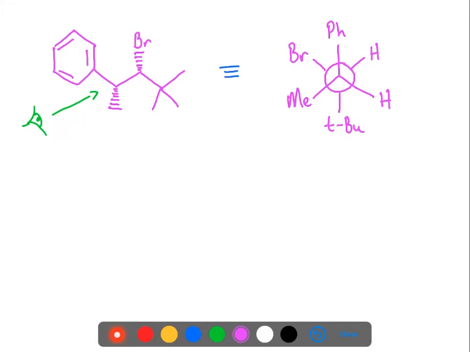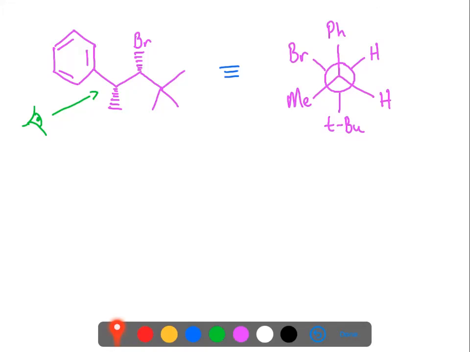So the next thing to do is to identify the proton and leaving group that will be removed during this elimination reaction. And as you can see in this particular conformation, the leaving group is antiperiplanar to a hydrogen atom. And so this will be the hydrogen atom in this conformation that will be removed with the leaving group in our E2 elimination.